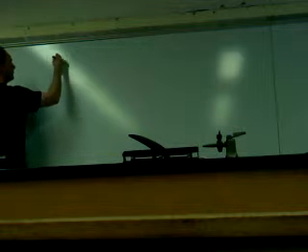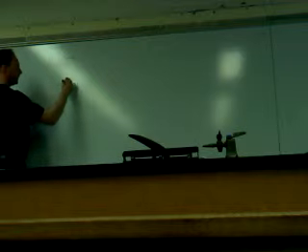When all is said and done, with the hydrogen atom, I have a proton and an electron. What I'm really doing is solving in some coordinate system, where this is the R of the center of mass, and this is the R that points from the proton to the electron.